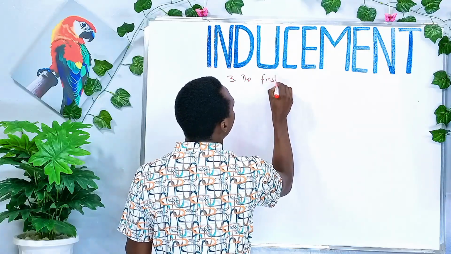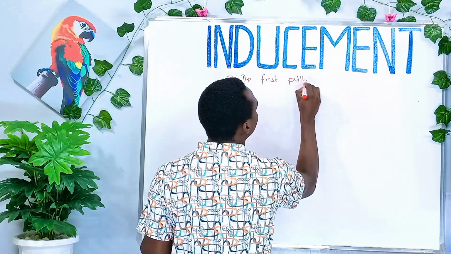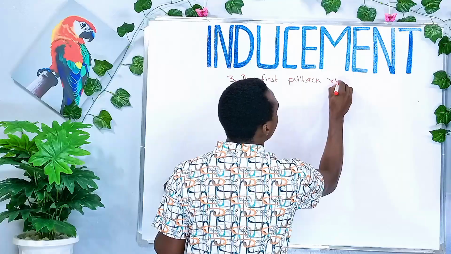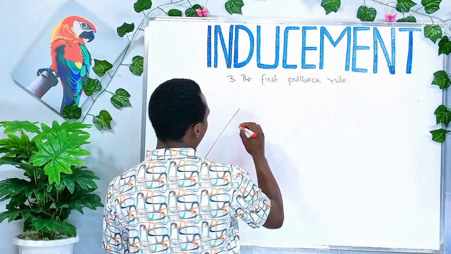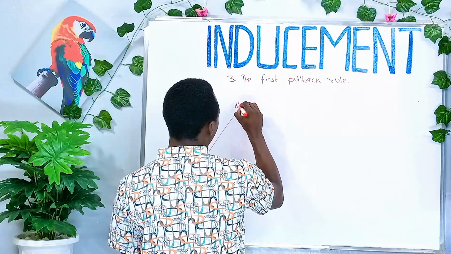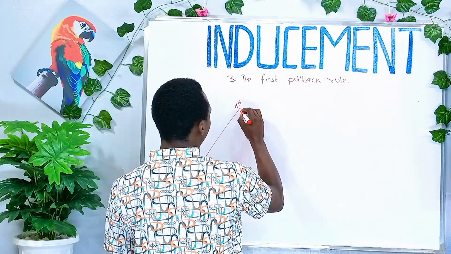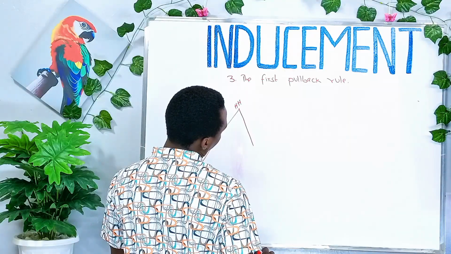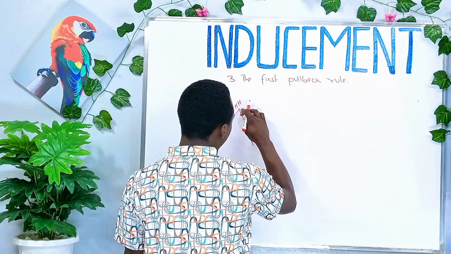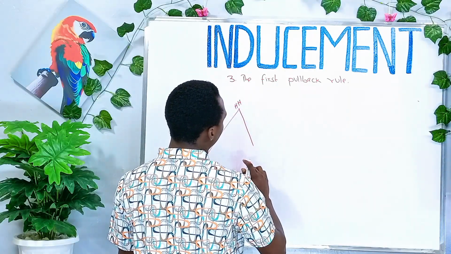Remember our price structure that has formed a higher high there. It comes back to this level. This is now the first pullback.